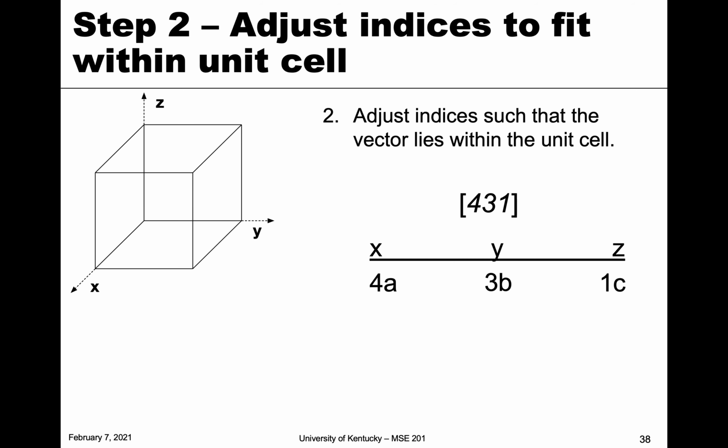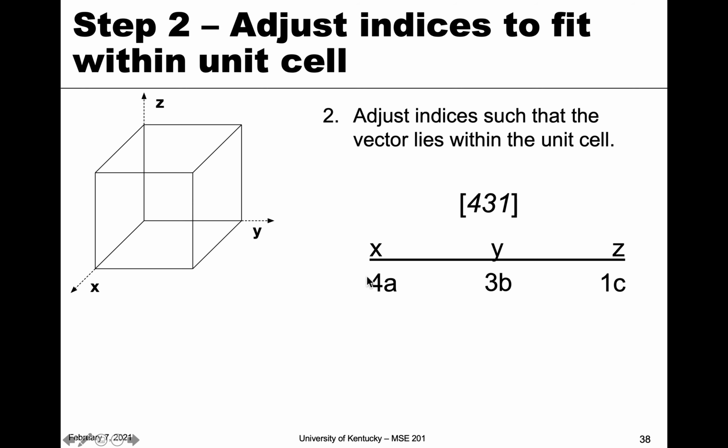The next step is to adjust the indices to fit within the unit cell. If you're asking yourself how to do that, keep in mind that to get to the end of a corner of the unit cell, you're going to go in one unit of that length, a, b, or c. So if I have numbers greater than 1, like 4 or 3, that would put me well outside of the unit cell.